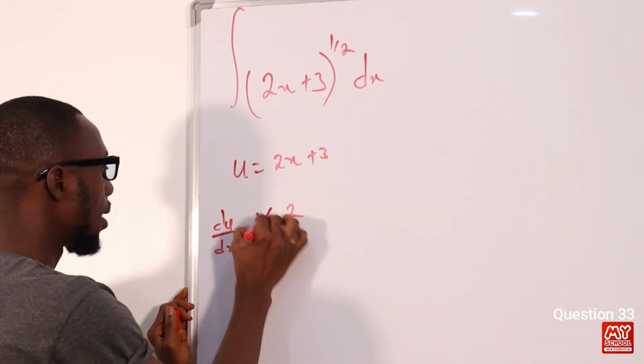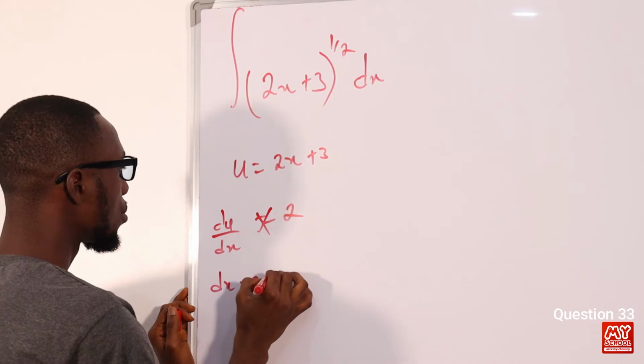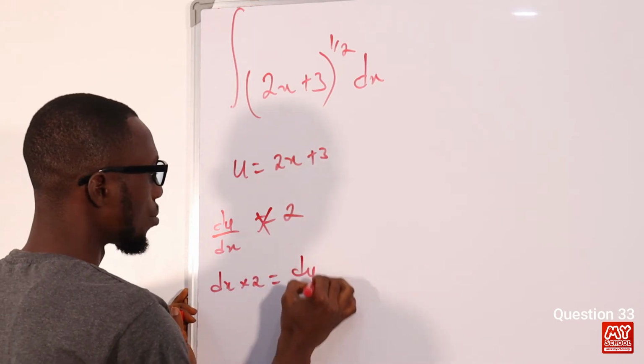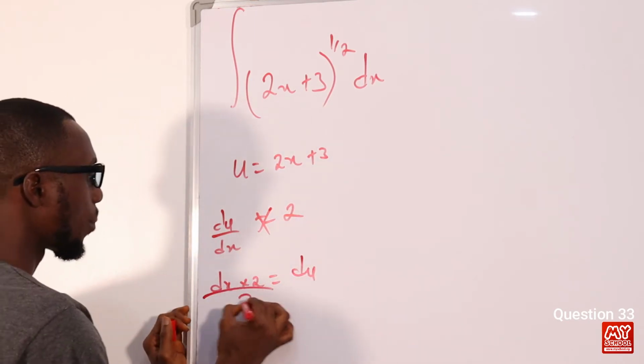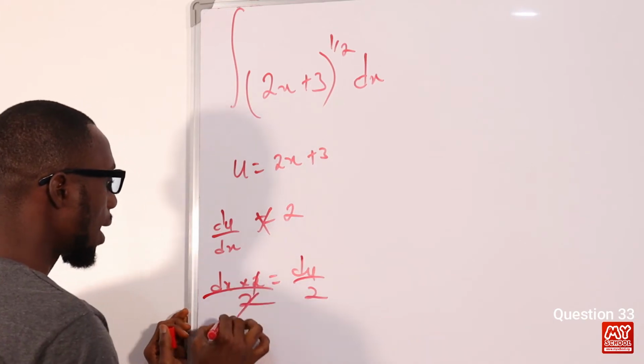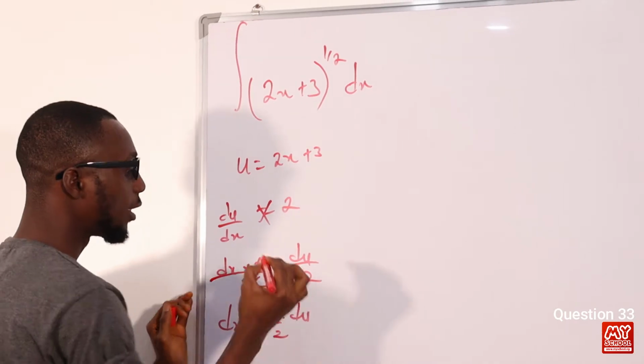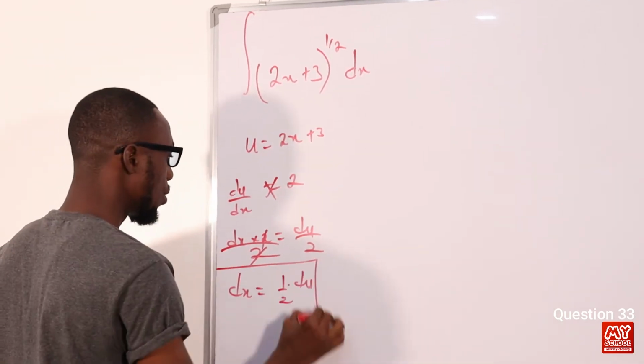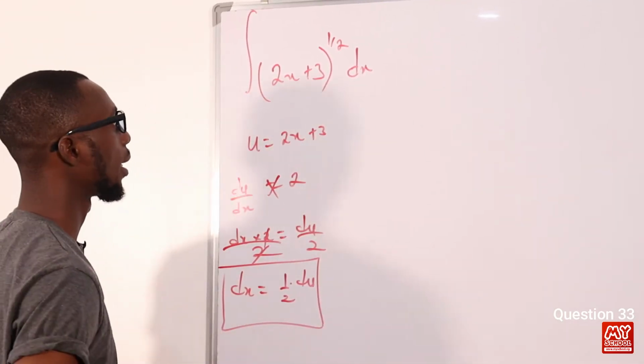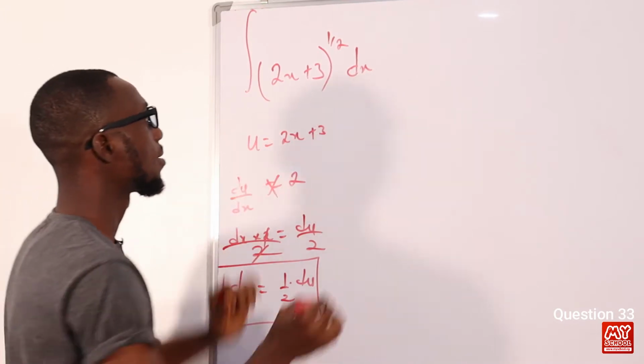That means dx times 2 equals du. So what do we do? Divide both sides by 2. That implies dx equals half du, or du over 2, whichever we want to use. So I can replace this like this.